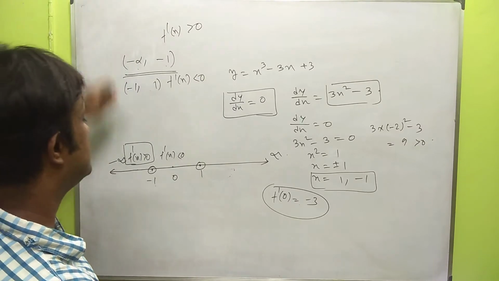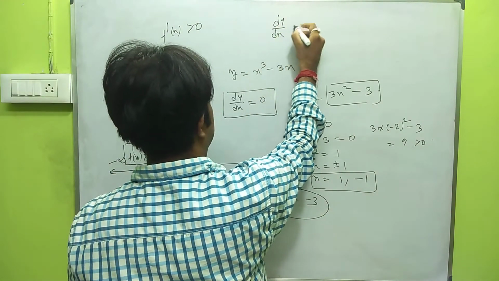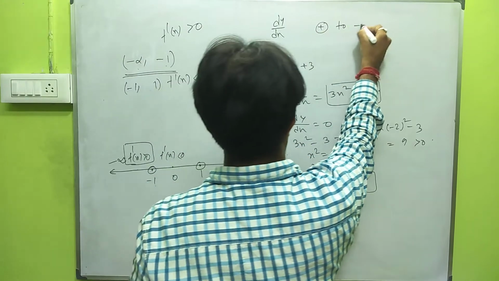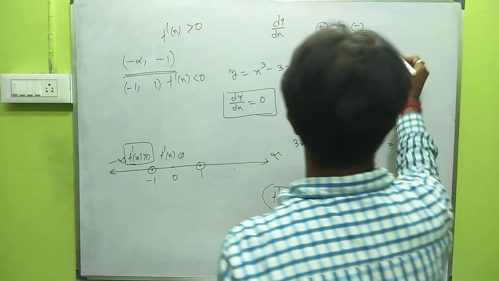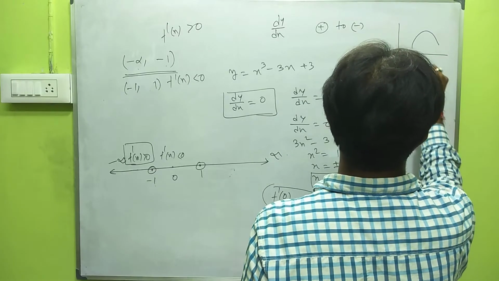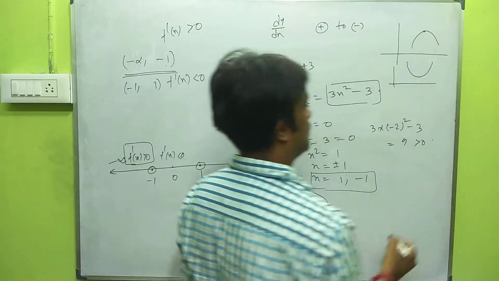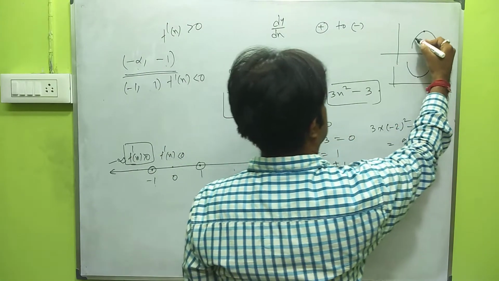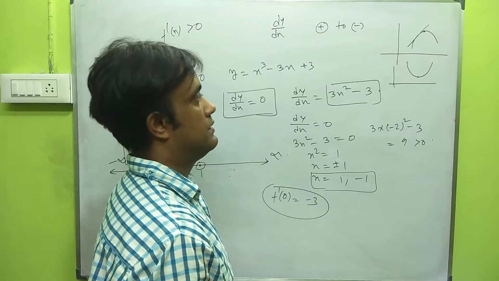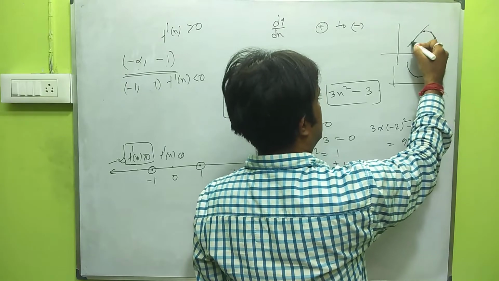So what we get is that the sign of dy dx changes from plus to minus. And if we recall this formula, for the maximum value the tangent is positive, that is, theta is an acute angle, and then theta makes an obtuse angle.